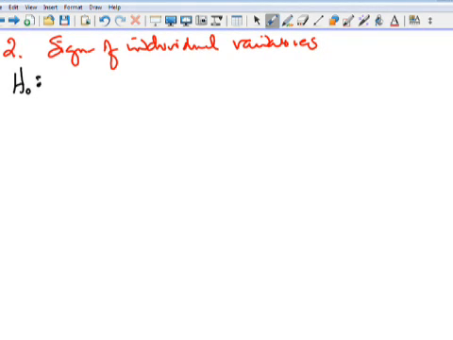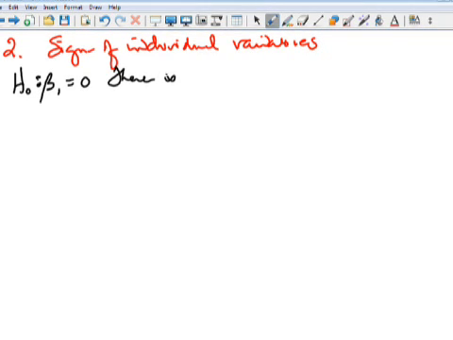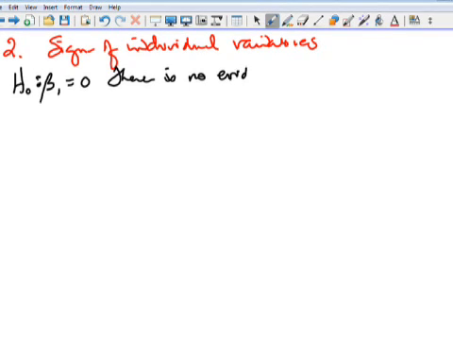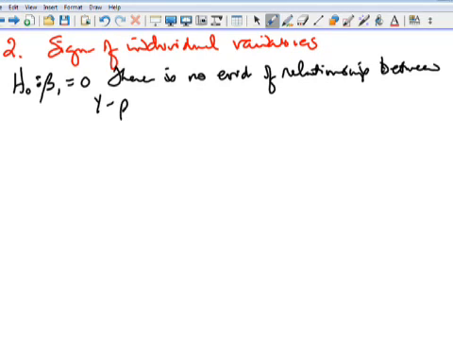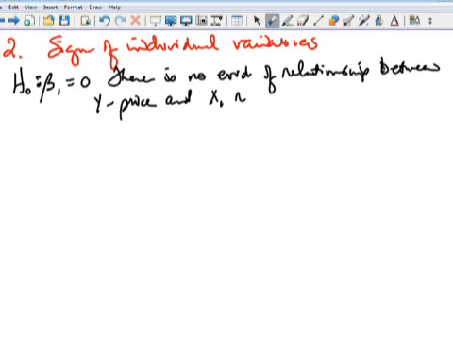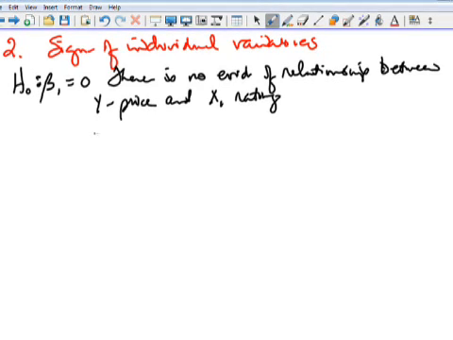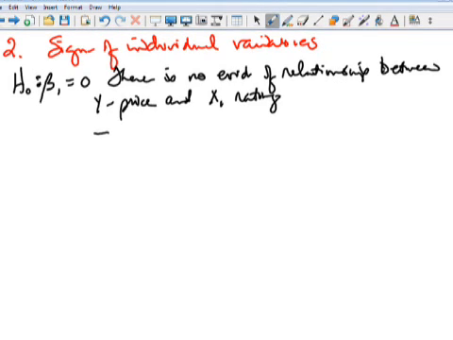The null is that the slope of X1 equals 0. If that's true, there is no evidence of a relationship between Y price and X1 rating. If that slope is 0 and there's no relationship, our action will be to toss it. You would exclude rating from the regression.